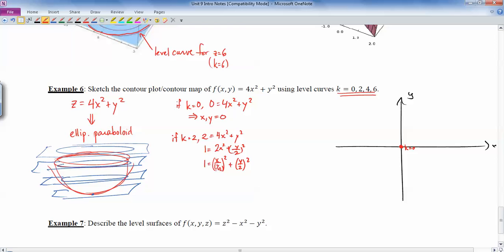And that's an ellipse, and we would go to the left and right by 1 over root 2. So let's see, I'll use a different color for this. Let's say 1 over root 2 is about here. 1 over root 2, by the way, is about 0.707, I think. And we're going up and down 2. So maybe like here, 2, and negative 2. And so here's the ellipse that we're getting in the xy plane.